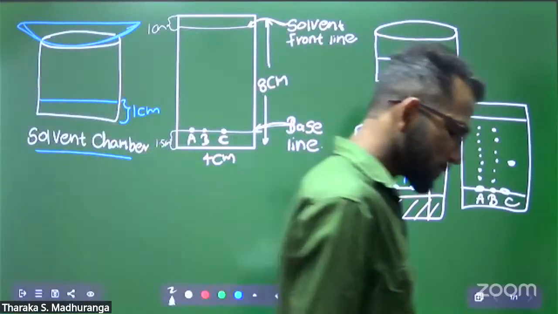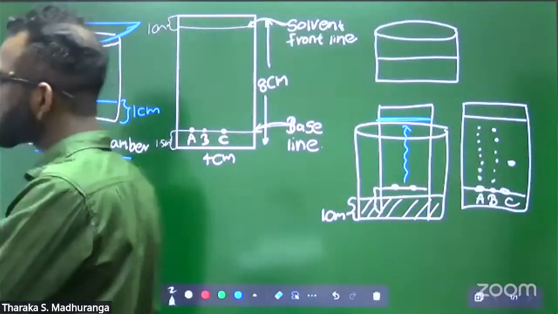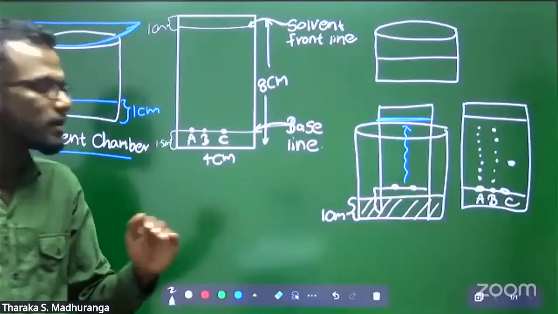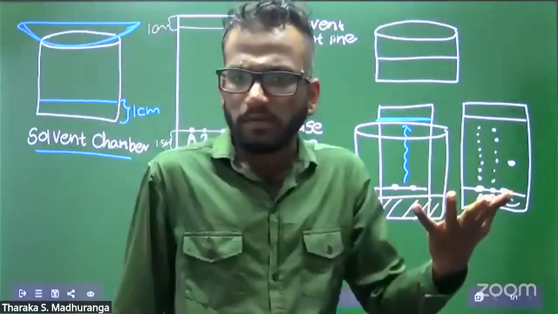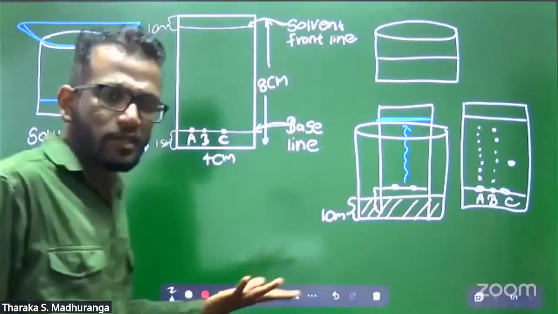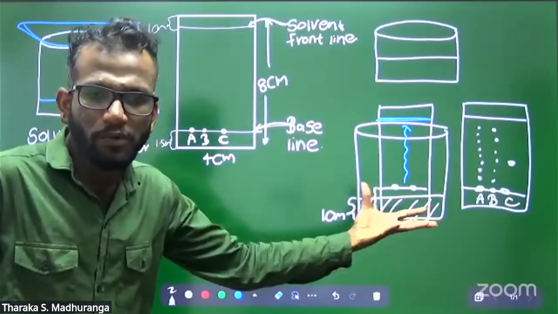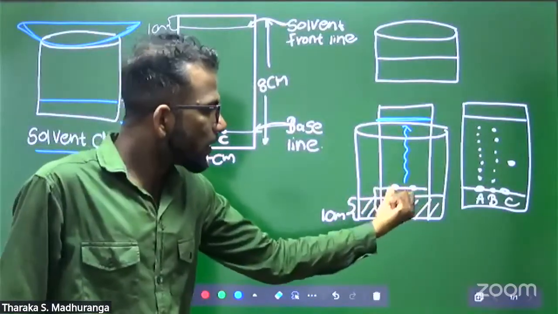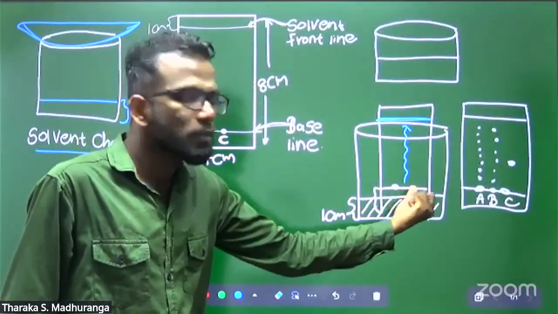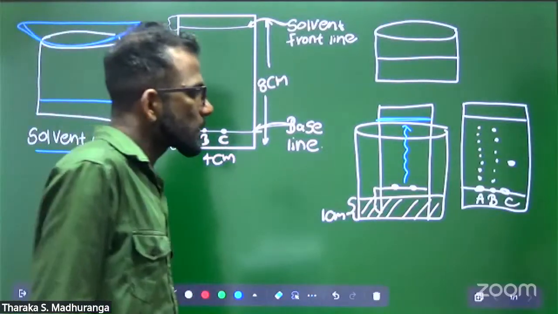Can you think, why should the solvent layer not touch the baseline? What happened? Amar, what do you think? This solvent layer is 1 centimeter. Somehow, by mistake, if it increased up to the baseline, what happened?